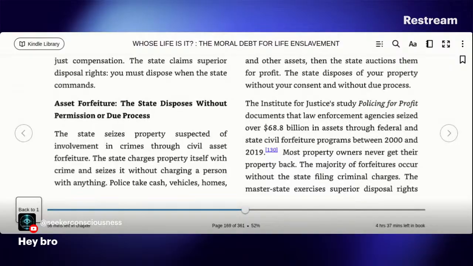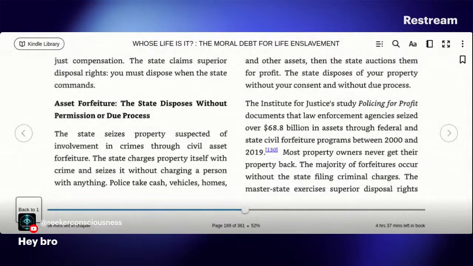The state seizes property suspected of involvement in crimes through civil asset forfeiture. The state charges property itself with crimes and seizes it without charging a person with anything. Police take cash, vehicles, homes, and other assets. Then the state auctions them for profit. The state disposes of your property without your consent and without due process.